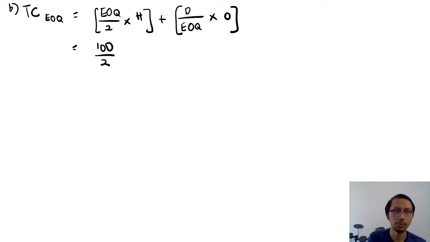We divide by 2 times 10, plus your demand divided by your EOQ times 20.